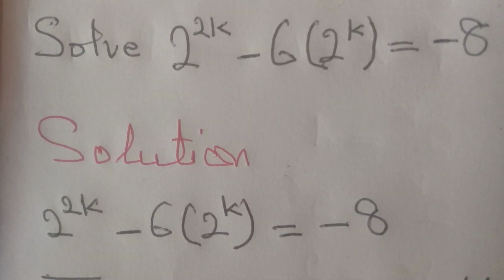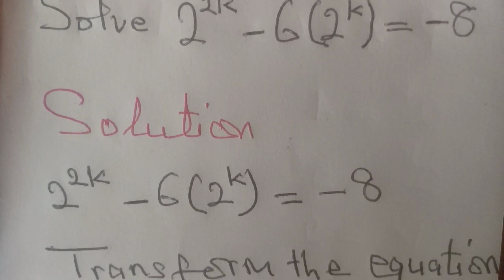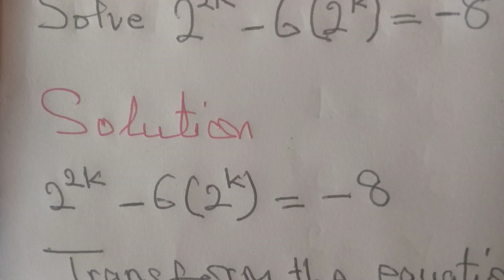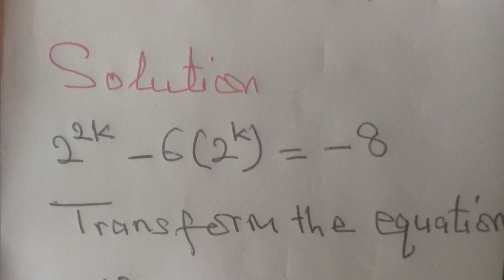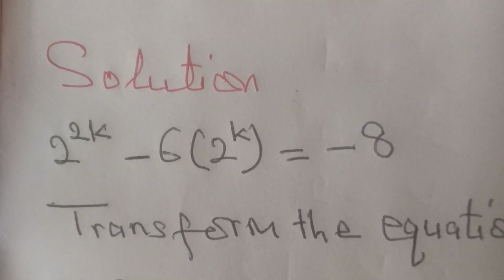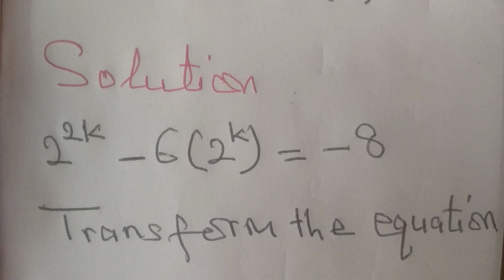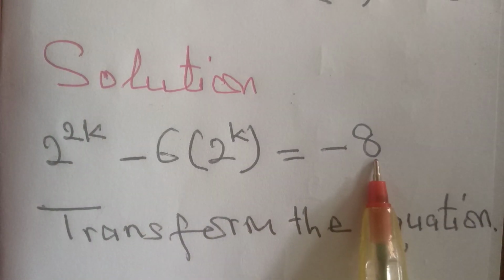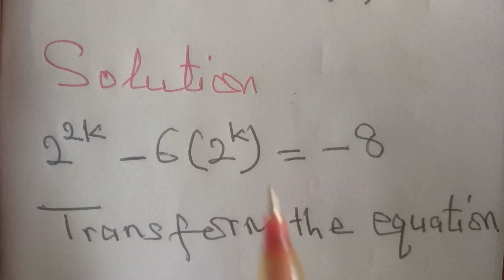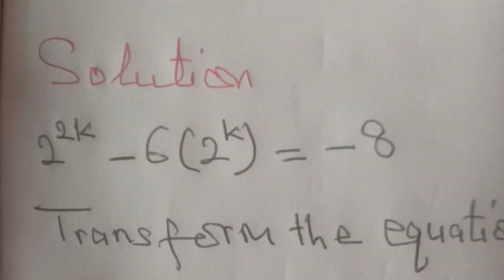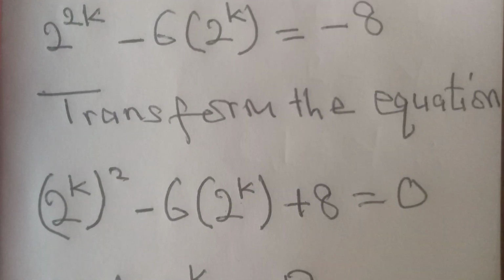Well, it's very simple. First, you try and transform the equation. By transformation, I mean you just simply bring in this constant across equality sign to the left hand side, and when you do that transformation, you will have something like this.